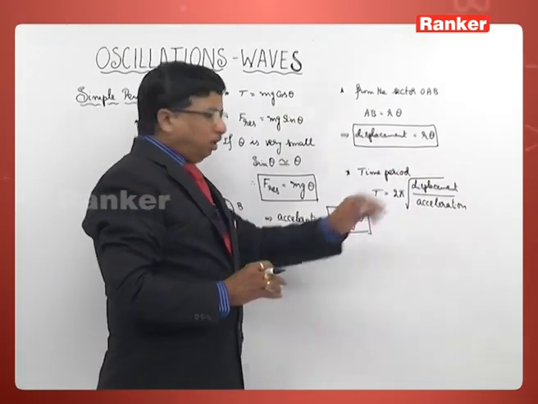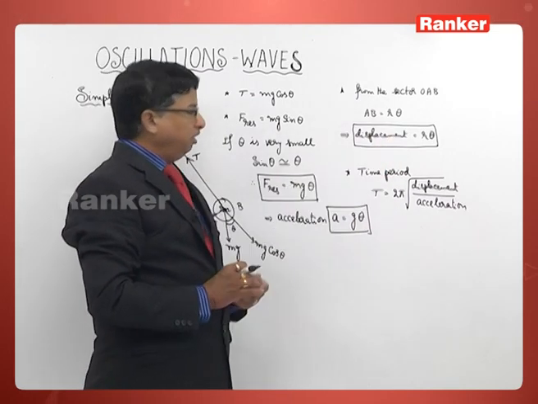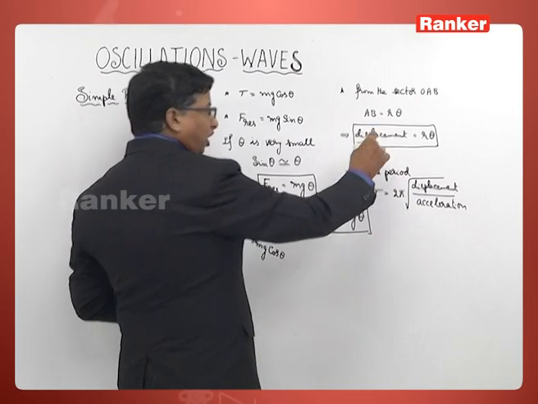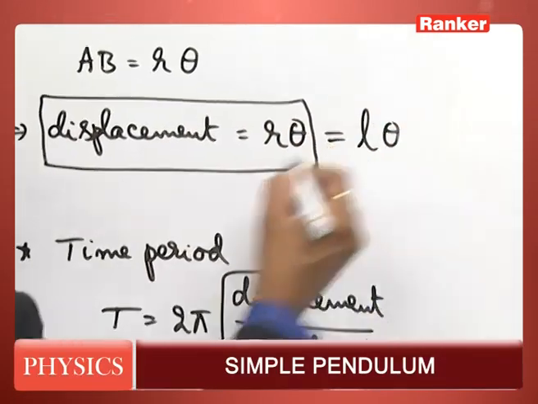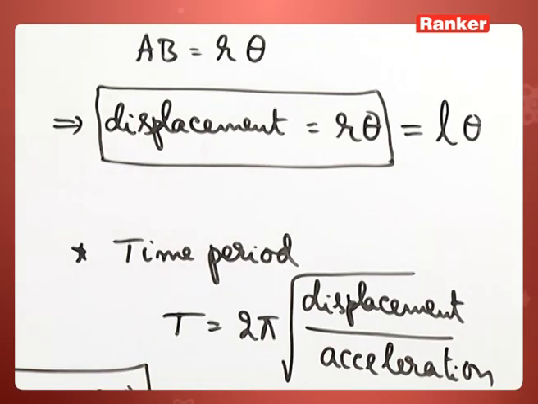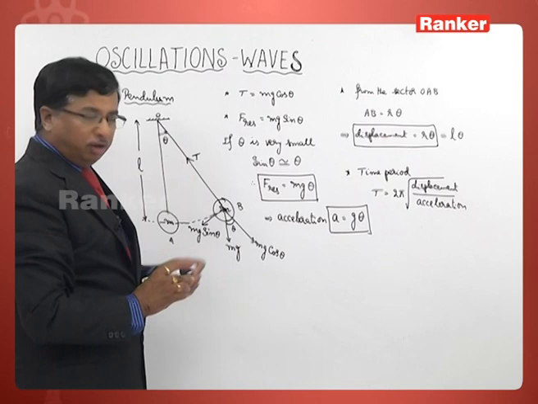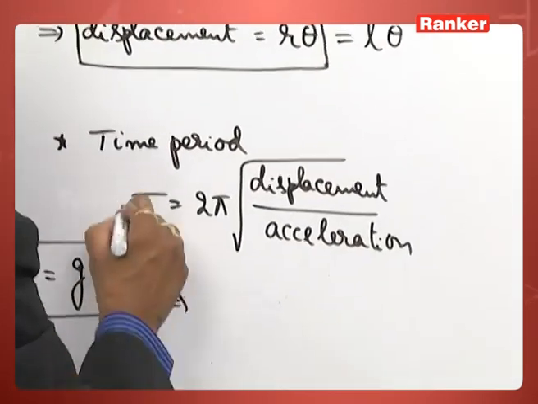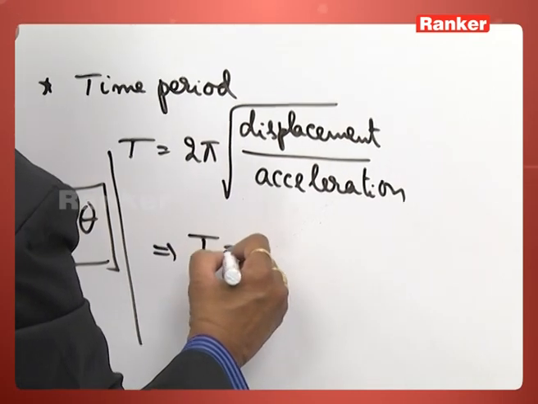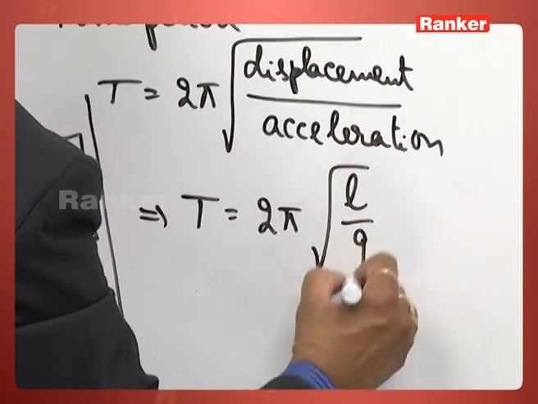So, 2 pi root displacement by acceleration. What is the displacement here? r theta. That r theta we can even write as L theta here, because the radius of this particular circle is nothing other than the length of the pendulum. Therefore, to complete the equation, T is equal to 2 pi root L by g.